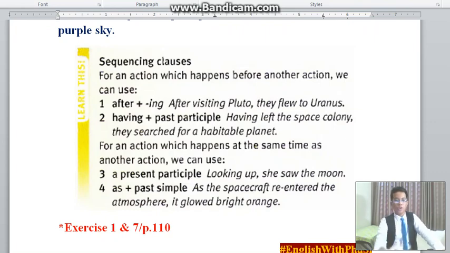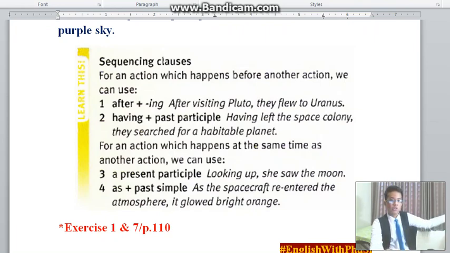One more thing I want to tell you about reading those sentences: the actions are in the past simple, like 'they flew to Uranus', 'searched for a habitable planet', 'saw the moon', 'glowed bright orange'. So why past simple? Because we are describing actions that had already happened. You are narrating a story for what happened, and you tell the readers in your writing, so it must be in the past simple.